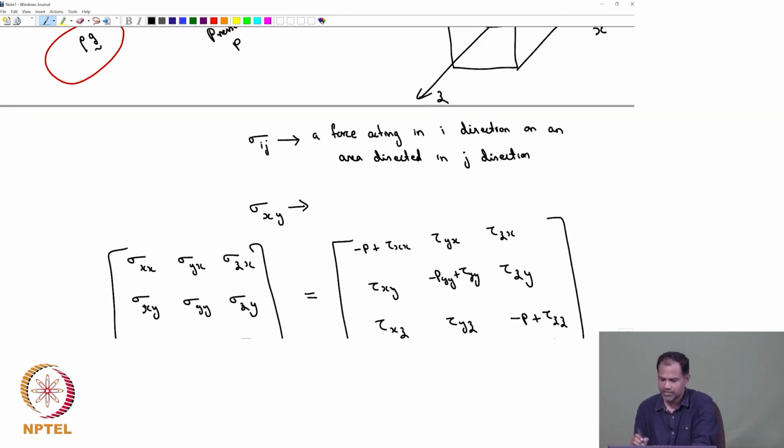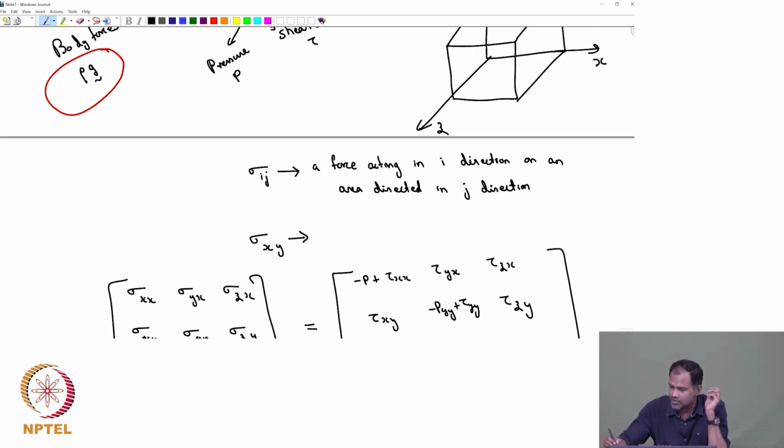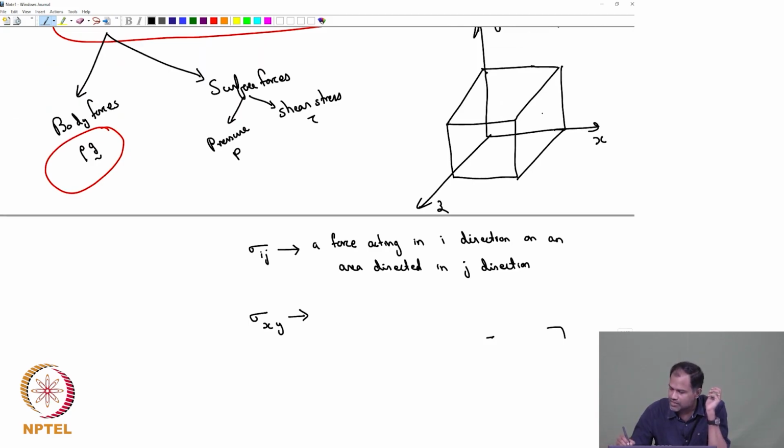I can also show it schematically. For example, let us look at sigma xx. Sigma xx is what? It is a force that is acting in x direction on a plane in x direction. So, sigma xx would actually be this. Now, the area that I am looking at is this, the one which is perpendicular to x direction.